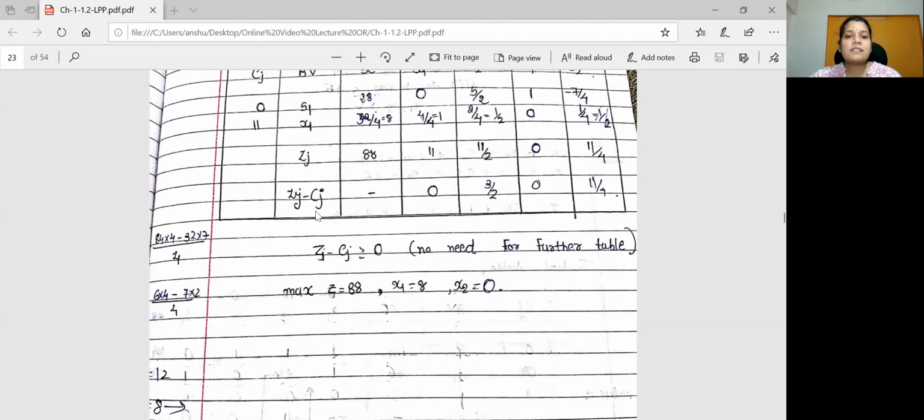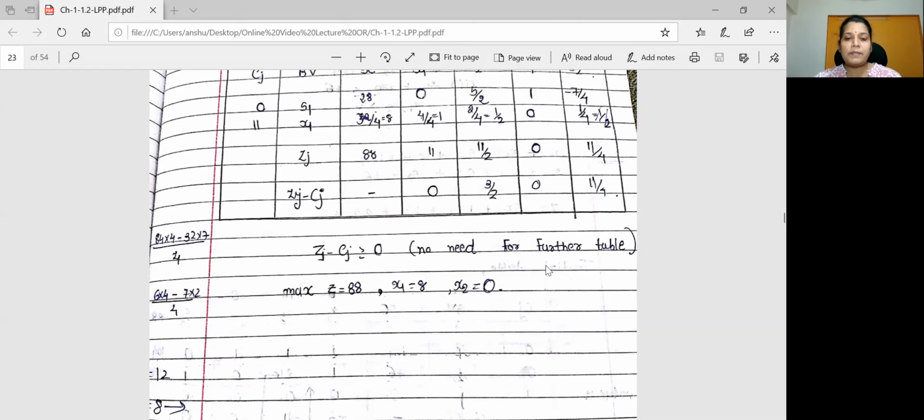See here, Zj minus Cj, all values are positive. So Zj minus Cj is greater than or equal to 0. Got it? So this is our final table, because our question is based on maximization, so all Zj minus Cj are greater than or equal to 0, so no need for a further table.